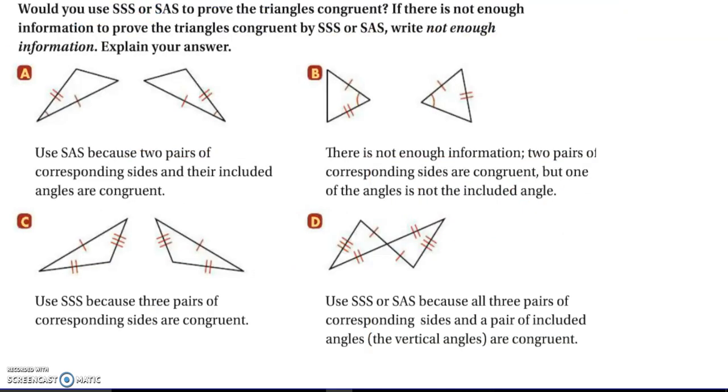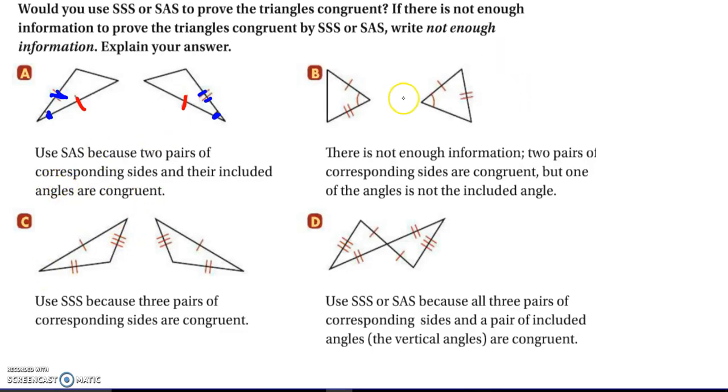Okay, so let's practice. Would you use side-side-side or side-angle-side to prove the triangles are congruent? In A, you would use side-angle-side because you were given a pair of congruent sides here and here, and their included angle in here. So you would use side-angle-side to prove that these triangles are congruent.